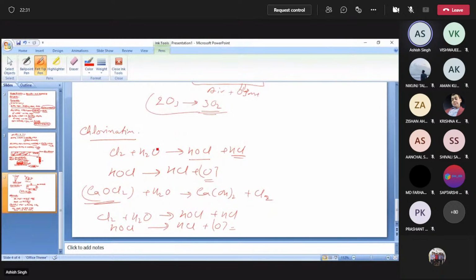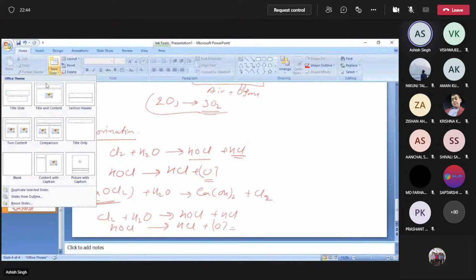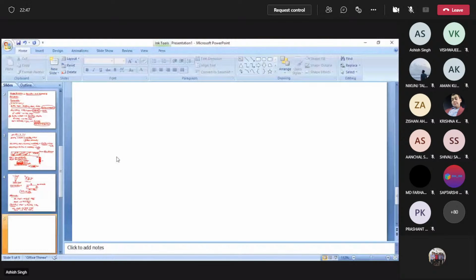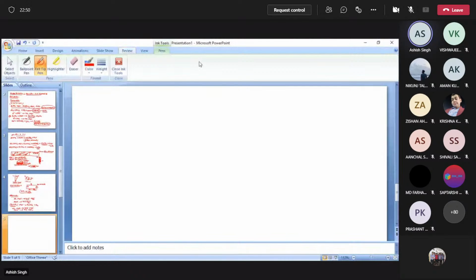Now suppose we are using bleaching powder CaOCl2, in the presence of excess H2SO4, since bleaching powder is dissolved in acid. CaOCl2 plus H2SO4 forms calcium sulfate, so permanent hardness is increased, plus H2O plus Cl2.